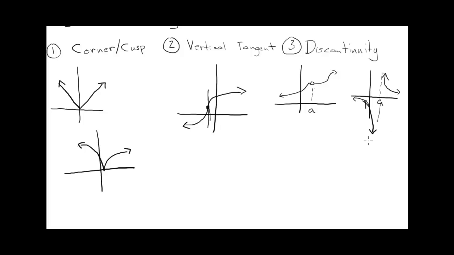So the derivative doesn't exist when you have an asymptote. Or the other one was a jump discontinuity. There, the derivative would not exist either. The easy way to see it is that you can't draw a tangent. You can't approximate the curve where the curve does not exist, or the curve is different near a point. So those are your 3 common types: the corner, the vertical tangent, and the discontinuity. And you can prove that they don't exist just by using the definition of the derivative.